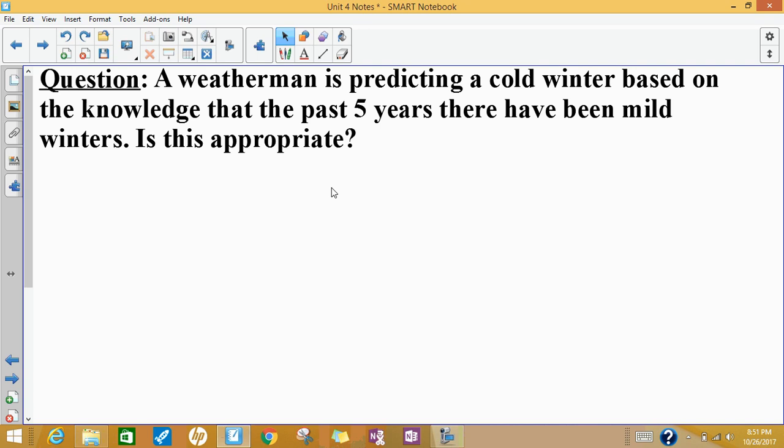Well, it's totally random, and so the weather doesn't owe us a cold winter. You'd have to figure out other factors in play, especially with the weather. There are more scientific factors that would come into play with whether or not it was going to be a cold winter. It's not going to be cold just because it wasn't that bad for the last 5 years.